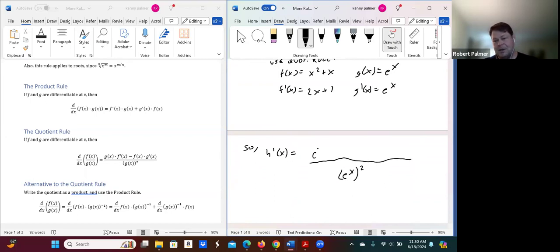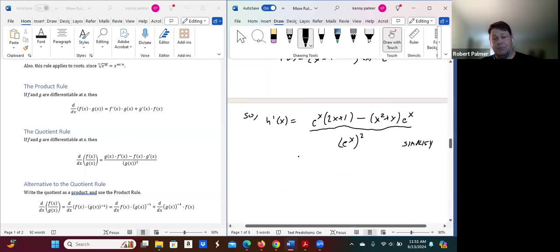So g of x is e to the x times f prime, which is 2x plus 1, minus, don't forget we have a minus here, and f of x, which is x squared plus x, then times g prime of x, which in this case is also just e to the x. Okay, now of course then we want to simplify. What makes this kind of time consuming is you want to simplify and make it more usable.